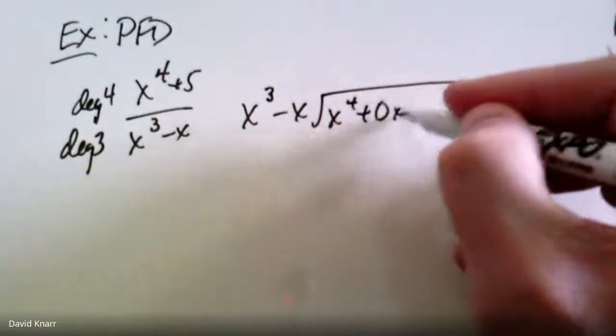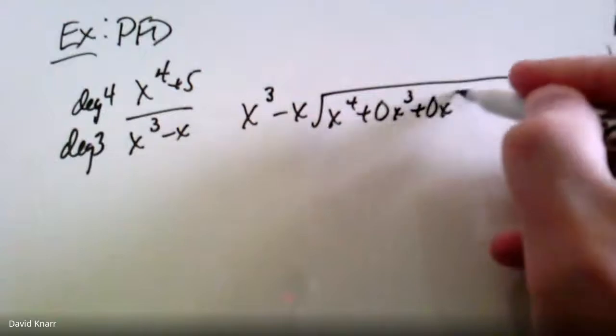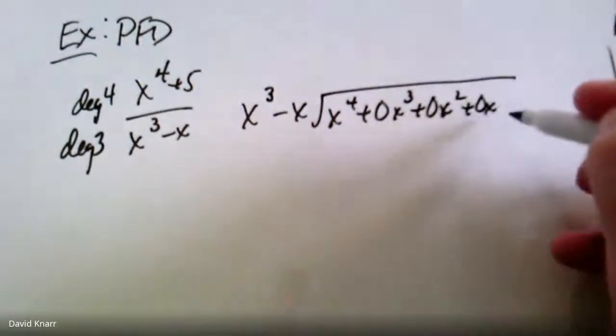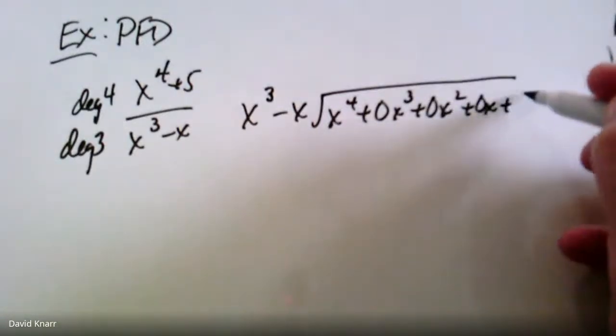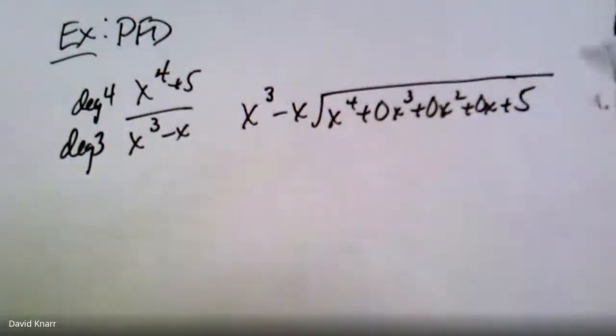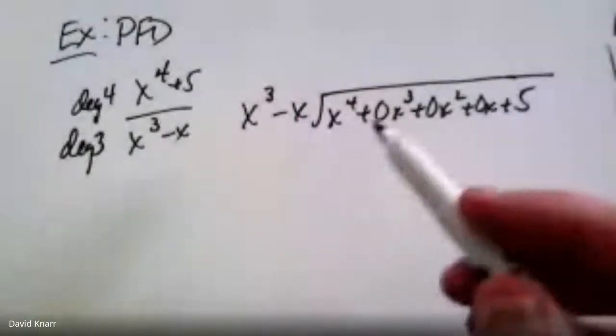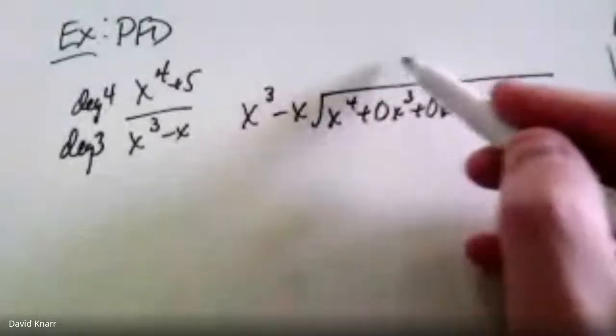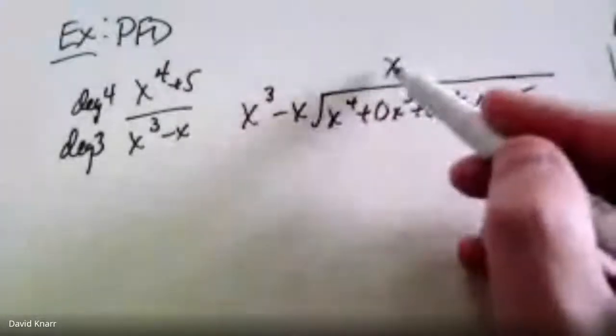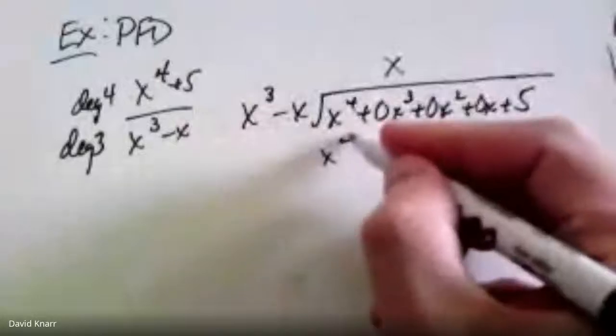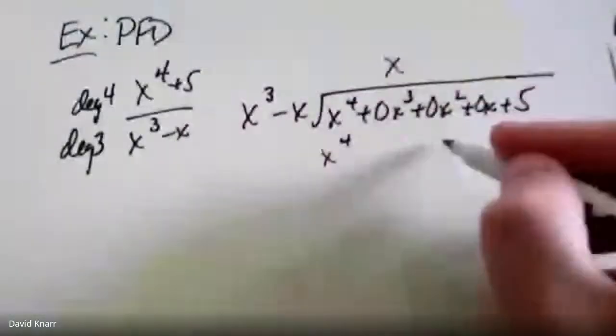Now, if you remember, we hold spaces for any missing degree terms. So we're going to put zeros for x cubed, x squared, and x. And then we're going to put 5. And now we're going to figure out x cubed times x would be x to the fourth. And then we have a negative x squared.